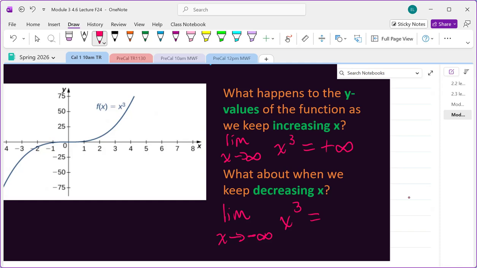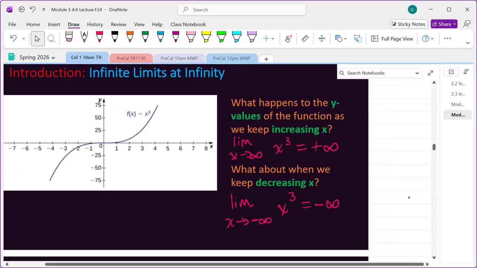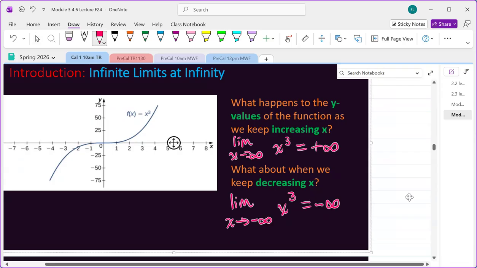So if I plug in -10, I'm going to get -1,000. -1,000,000, I get -1 with way too many zeros. So this one is going to approach negative infinity. And we can see that on the graph. Especially if you notice here, the y-axis has much bigger numbers than the x-axis.